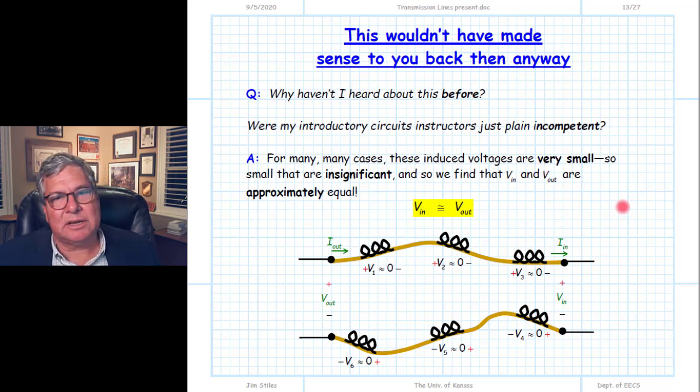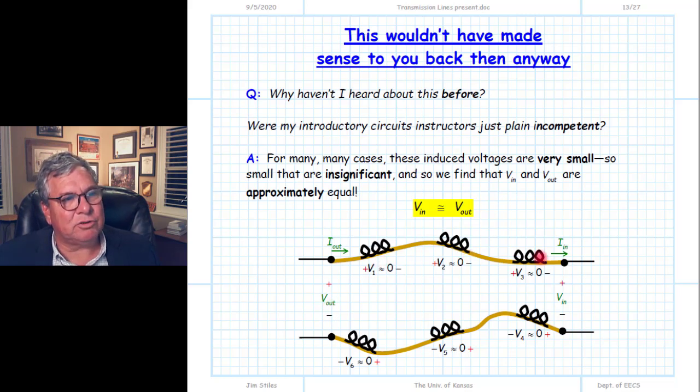Well, the reason is that for many cases, the induced voltage that results is very small. And so even though theoretically the voltage at the input of the load would be different than the voltage at the output of the source, it would not be appreciably different.